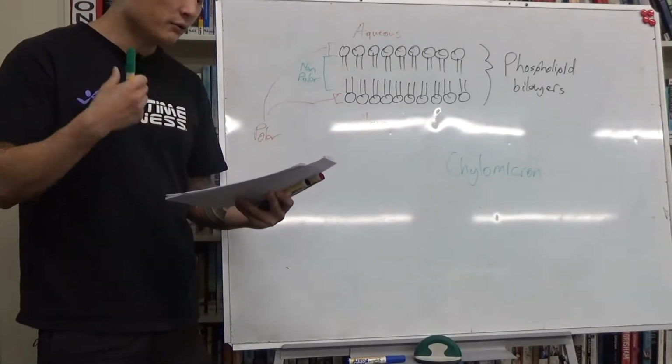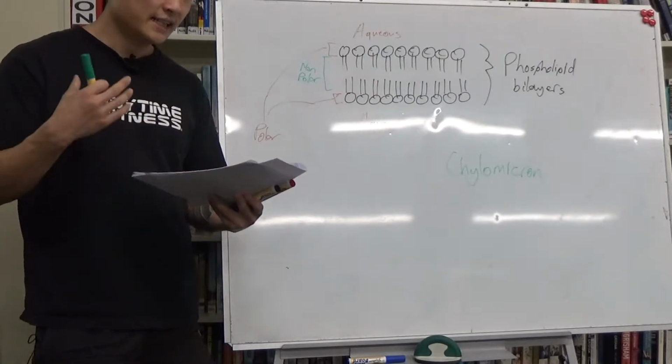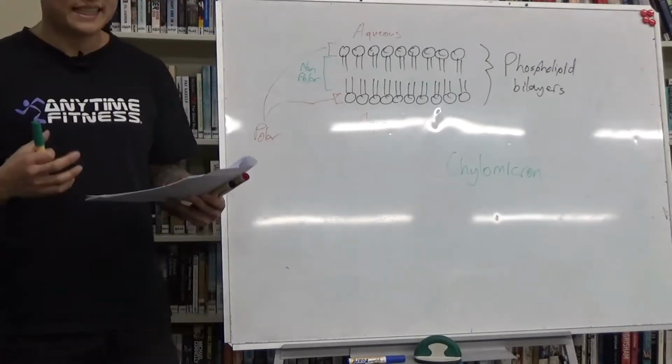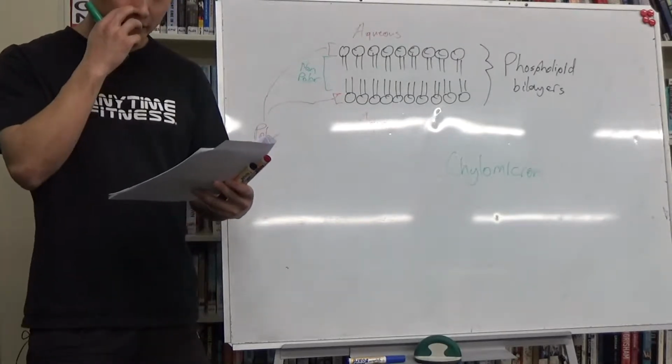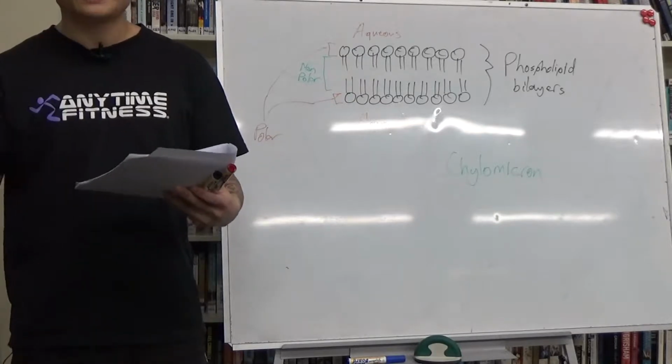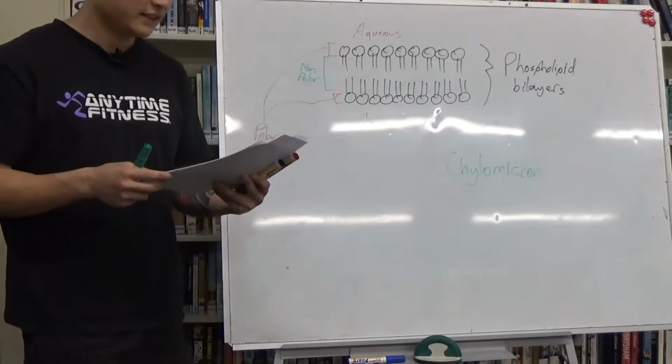These chylomicrons, once they're made in the enterocyte, are going to be exocytosed into the lacteals present in the villi. I'm guessing you guys would have learned about the lacteals in histology, right?